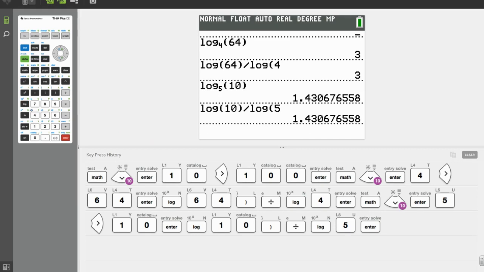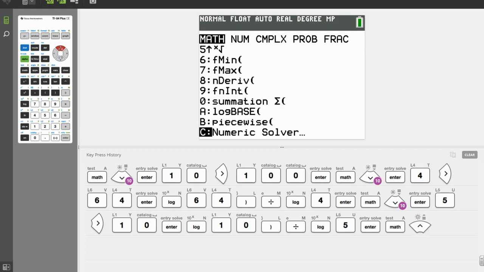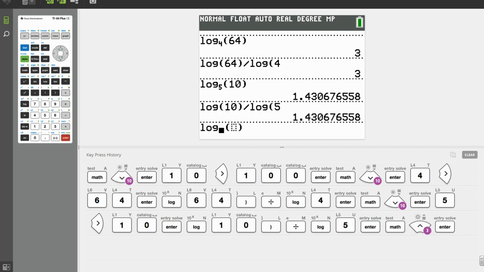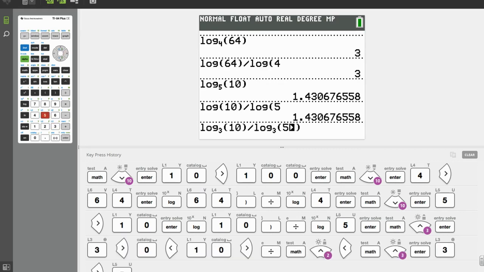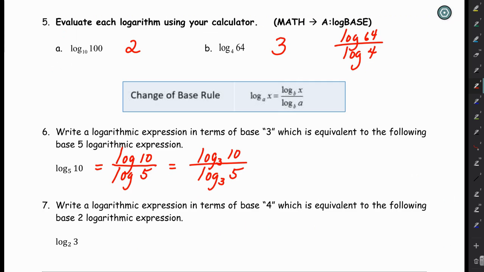So if we go back to math, and we want to use log base 3 this time, you see that they mean all the same thing. Now, I just want you to see that this is another property of logarithms.